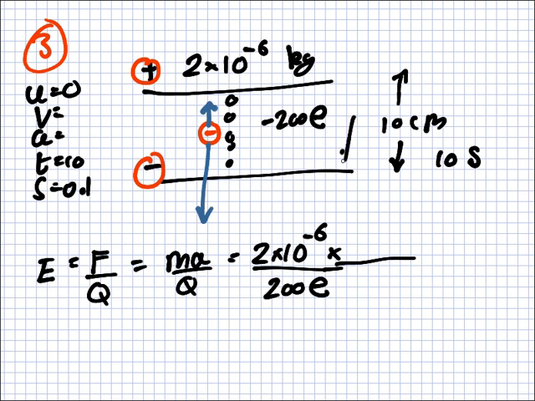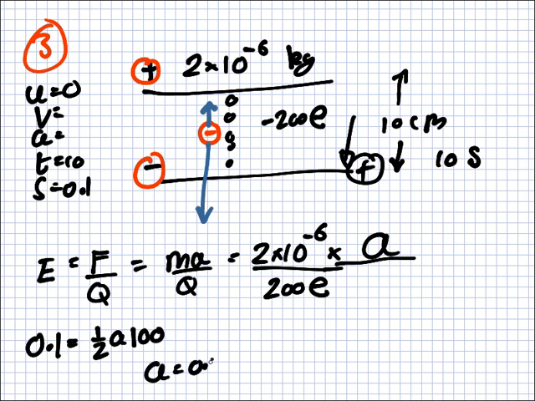I'll just take down as positive this time to keep everything simpler. So we have to work out the A. I could do the same trick. S equals UT plus a half A T squared, T squared is 100, so that's 50. So 0.1 equals 50A, so the A is 0.1 over 50, which is 1 over 500.